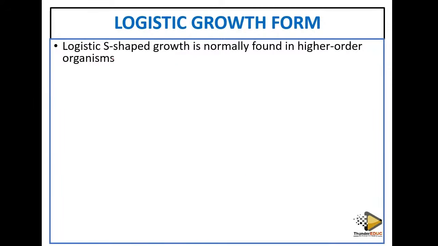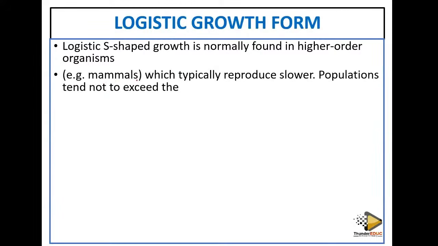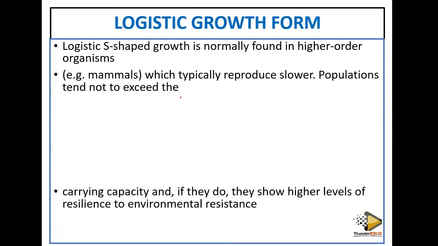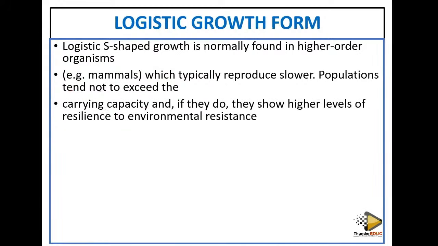Here we experience the logistic, which we call the S shape. Growth is normally found in higher order organisms which can think more. Examples are mammals, which typically reproduce slower, and the population tends not to exceed what? The carrying capacity, meaning that they cannot exceed the carrying capacity.